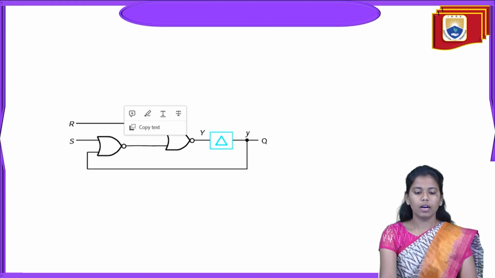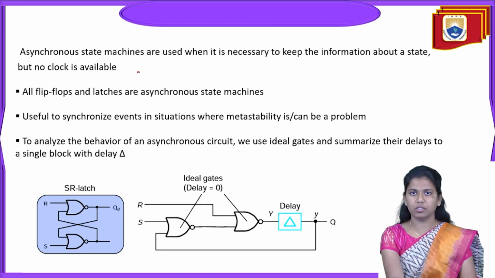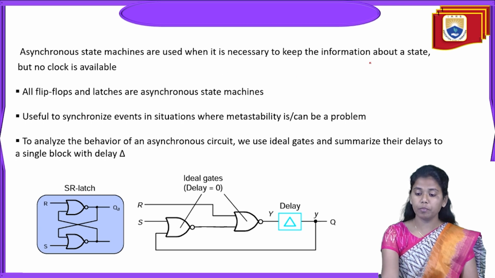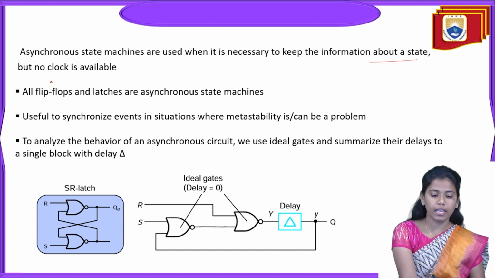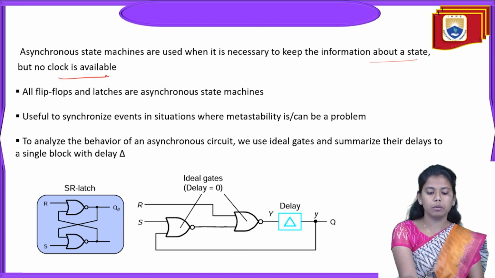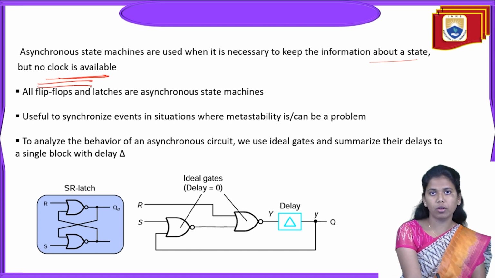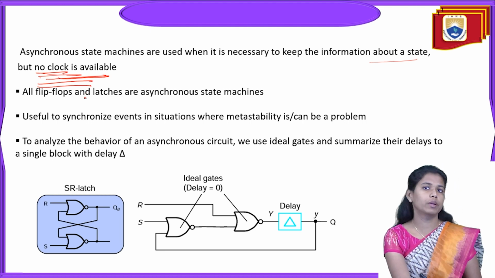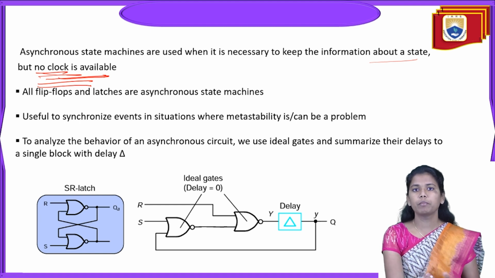Asynchronous sequential machines are used when it is necessary to keep the information about a state but no clock is available. You have to concentrate on this word: no clock is available. Why? Because here we are not using any sort of memory elements.